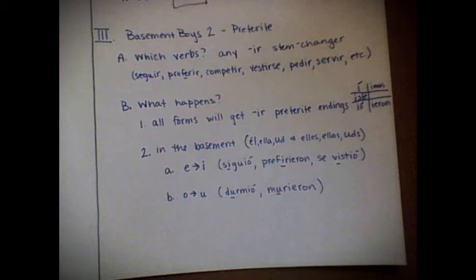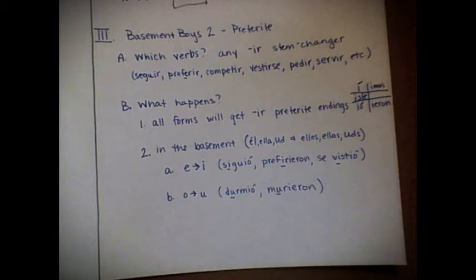And they are any IR verb. So it has to be an IR verb, and it also has to be a stem changer in the present tense. So that means verbs like seguir, preferir, competir, vestirse, pedir, servir, dormir, morir, etc.